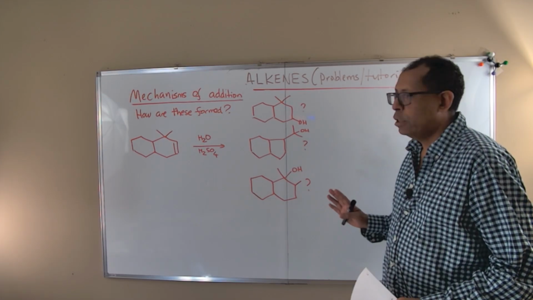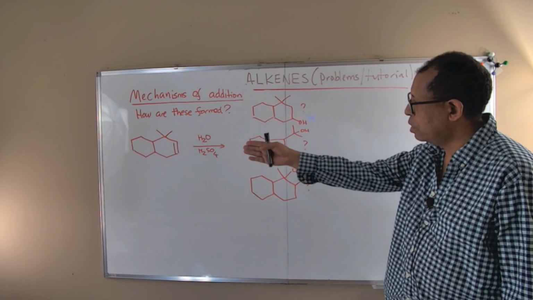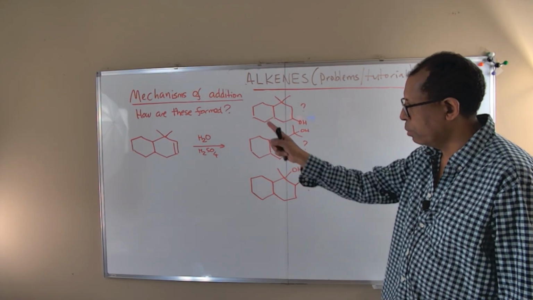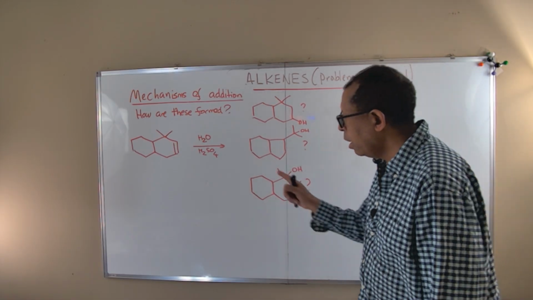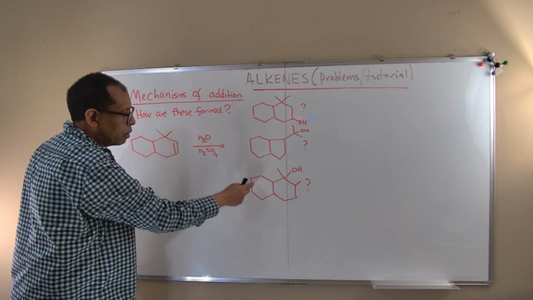Okay, let's continue more on the addition reaction mechanisms. As you see, one substituted cyclohexene, a hydration reaction, gives you 3 different products.